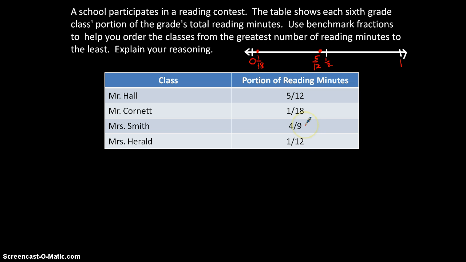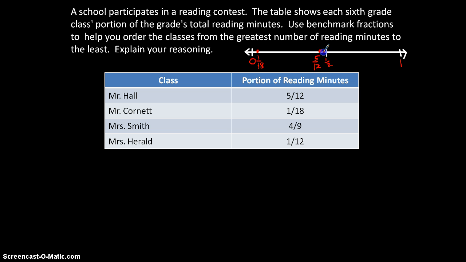Now, 4/9. With 4/9, that's almost half also. If you had 4/8, that'd be exactly half. 4/9 is very, very close to half, but not exactly. In my line of thinking, I'm going to put 4/9 right here.